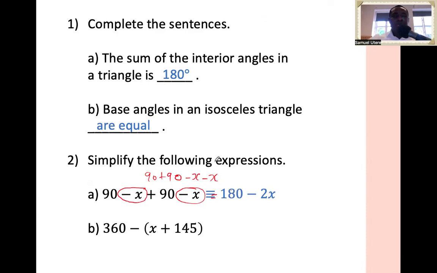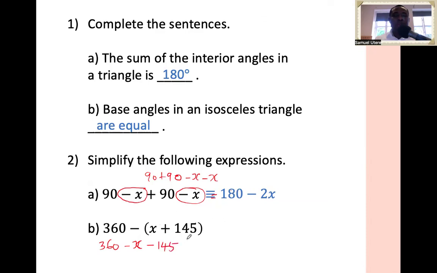For this one, let's imagine that we want to open the bracket up. We could simply rewrite this as 360 subtract x. The subtraction sign is going to influence everything that is in the bracket. So we'll have subtract x and subtract 145.